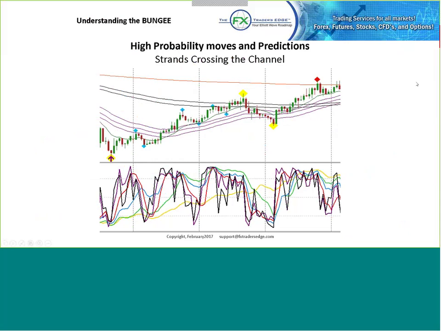Over here on the left, we've got the green bungee reaching the top of the channel right there, but no yellow semaphore. So this moved higher until we got the yellow semaphore.